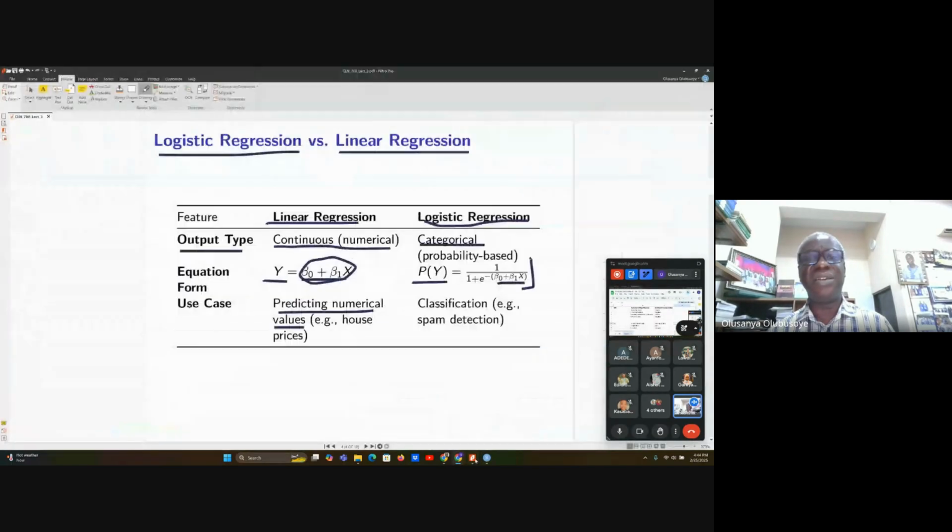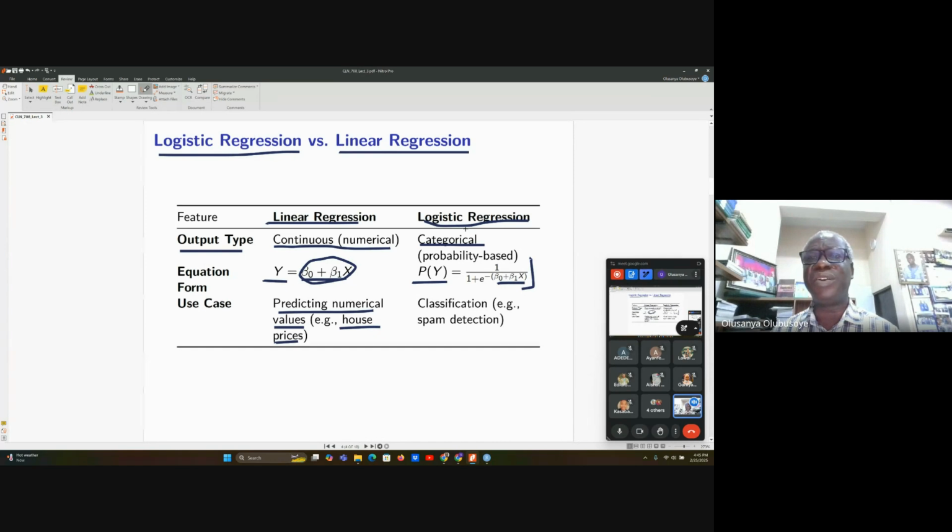For example, house price, grade, score, anything that is measured, inflation, exchange rate, income, expenditure. These are all numerical values.